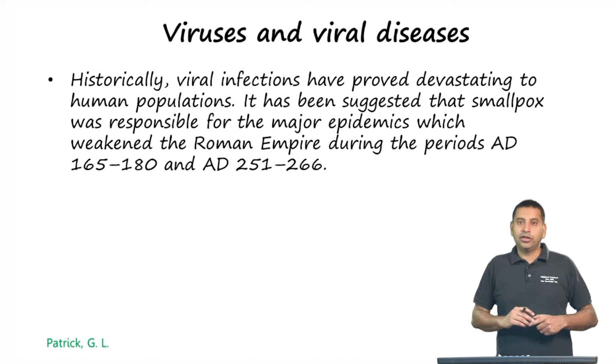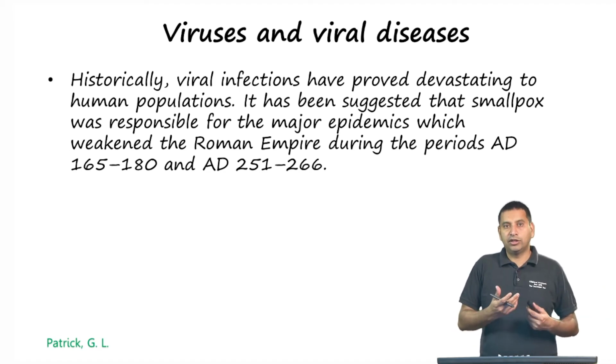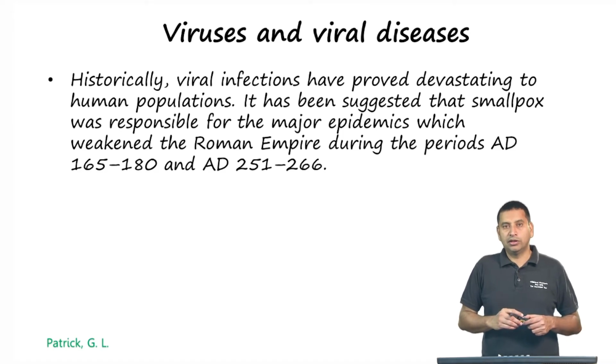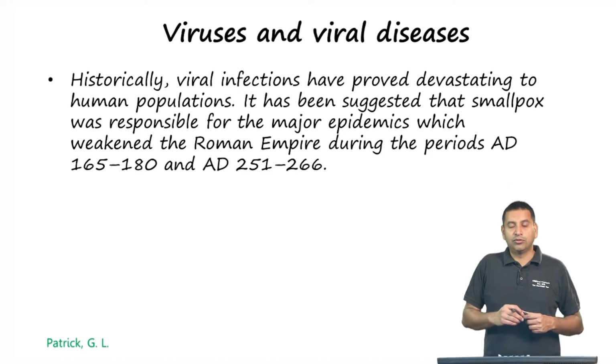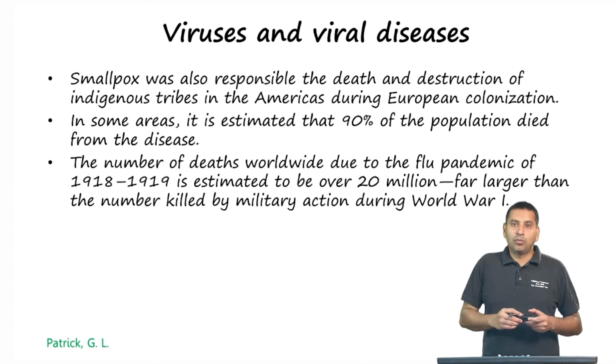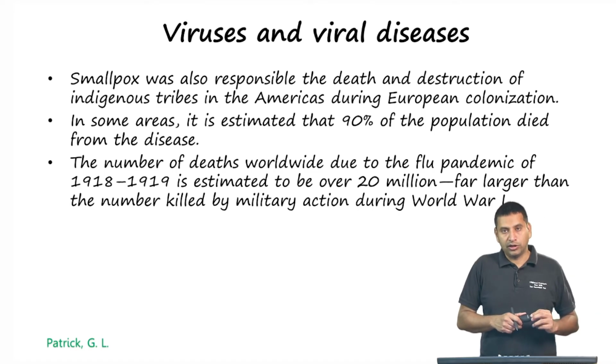Historically, viral infections have proved devastating and have led to the death of millions of people. Smallpox, for example, has been suggested to be one of the reasons why the Roman Empire, which was very strong in the 1st century, started declining. Smallpox was also responsible for the death and destruction of a number of indigenous tribes during European colonization.